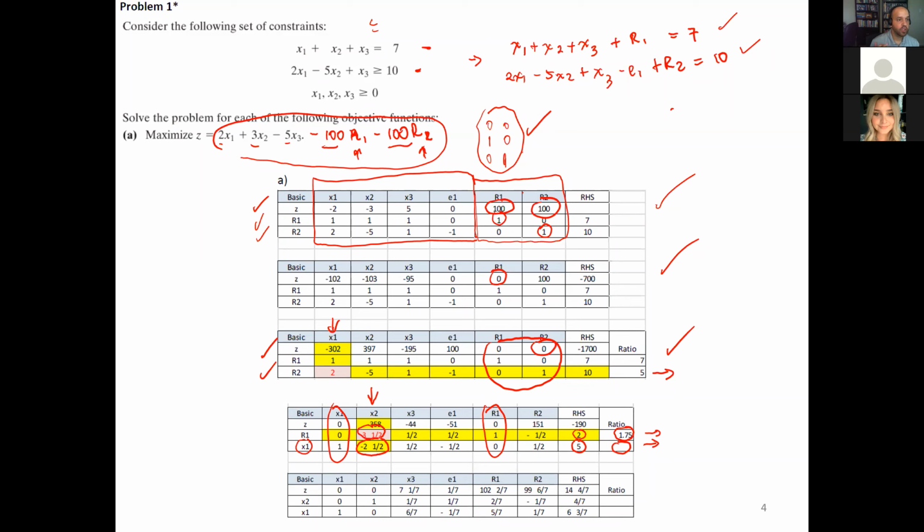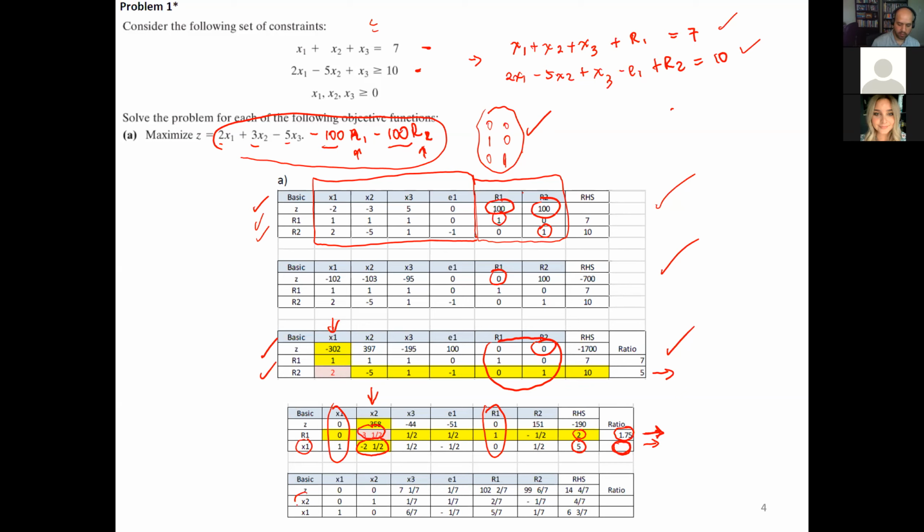If you try to do the minimum ratio test with a negative number, it's going to be undefined. So that's why we don't take that into account. The minimum ratio test has to be positive. If it is negative, it is undefined, so it's not an option. So that's why we only have this artificial variable leaving.